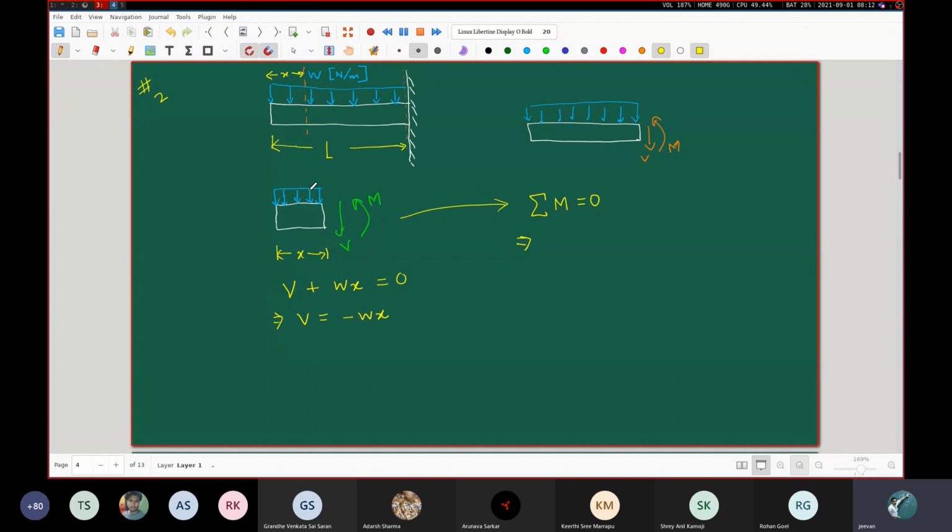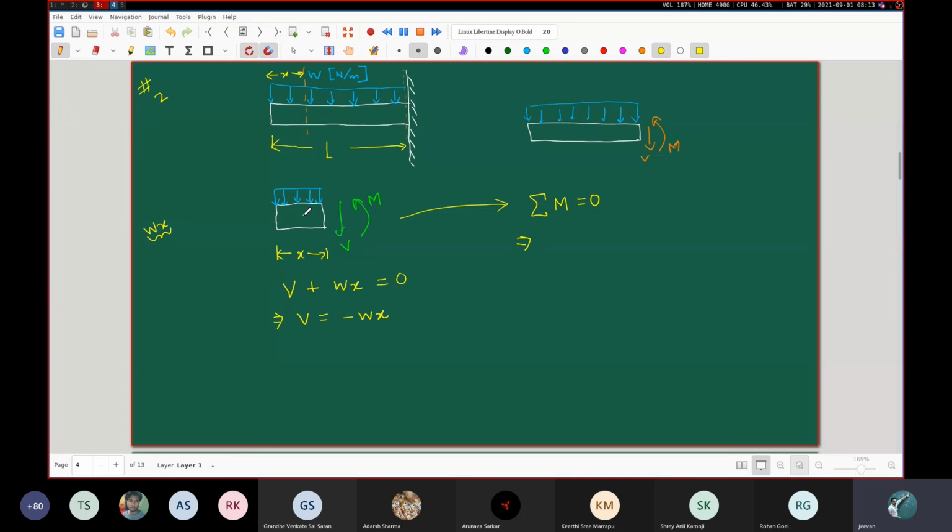Now, the answer they gave for the moment was Wx square by 2. They're saying that because what they are thinking is Wx is the total force, and that total force, because this force is uniformly distributed, it is effectively acting at the midpoint of this cut part. Midpoint of this cut part is at a distance of x by 2 from the left end.